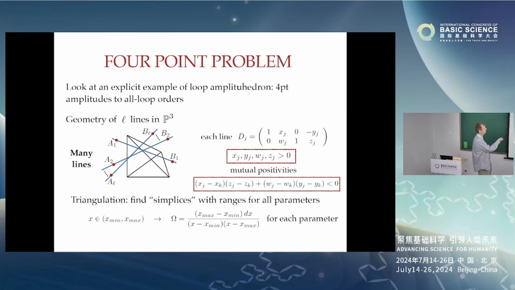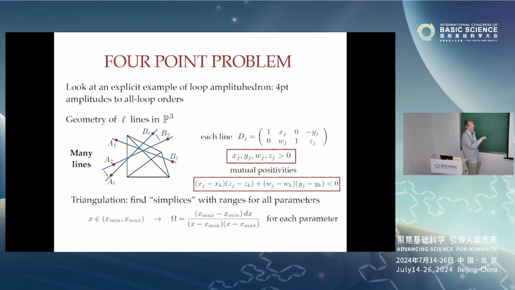But now if we go to L loops, so this is 4-point L-loop scattering, we have 4L variables. For each loop, we have one x, y, z, w. They are all positive, but in addition, they satisfy mutual positivity. So they satisfy some quadratic inequalities in these variables, and that's the whole definition.